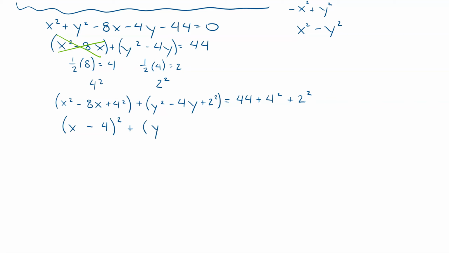Then we take our first term, last term, with the middle sign, the whole thing squared, to create our perfect square. Now adding these numbers up on the right hand side, 4 squared is 16, 2 squared is 4, 16 plus 4 is 20, 20 plus 44 is 64. And right here you see that we have found our radius center version.